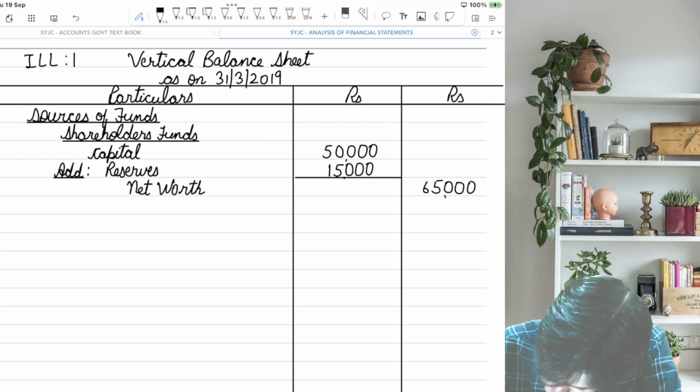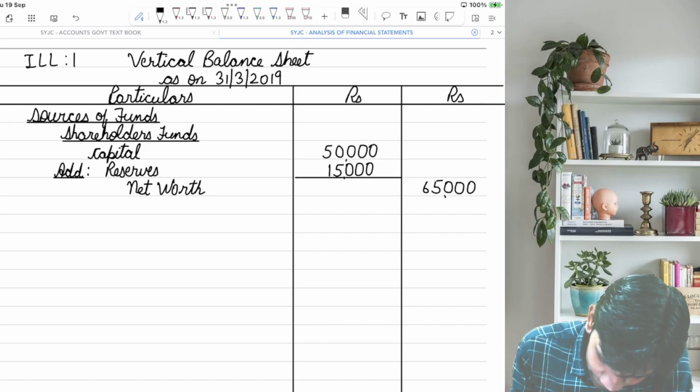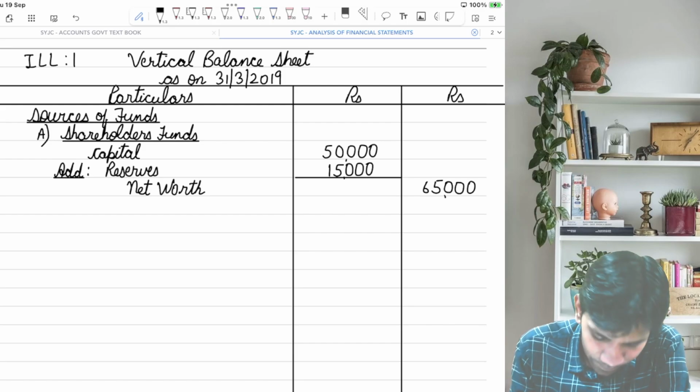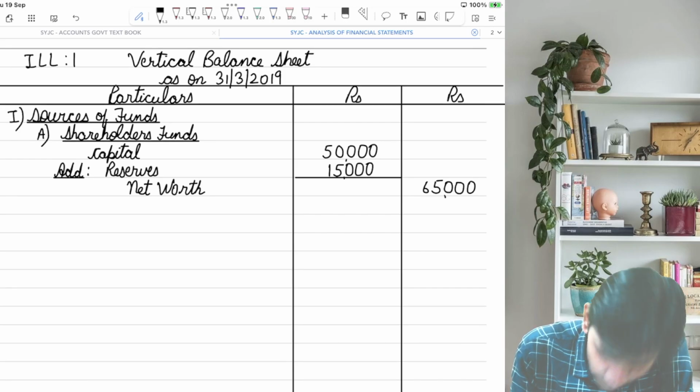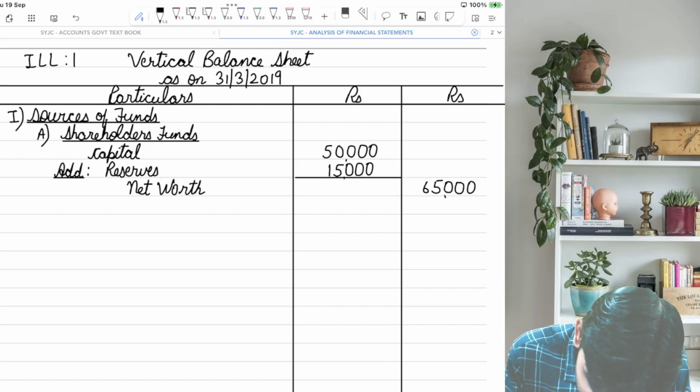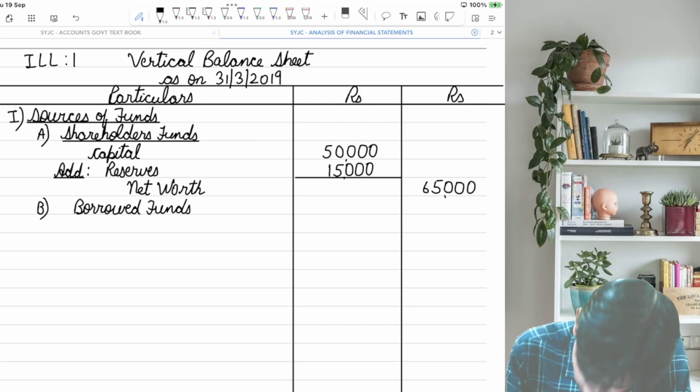On the outer column, next line, this was A. Fine. This is B. We have borrowed funds. Let's go for borrowed funds.